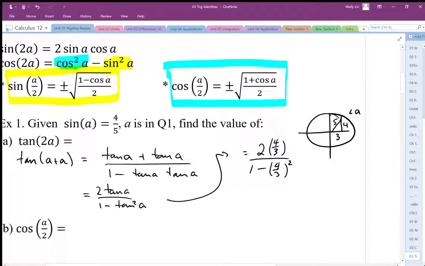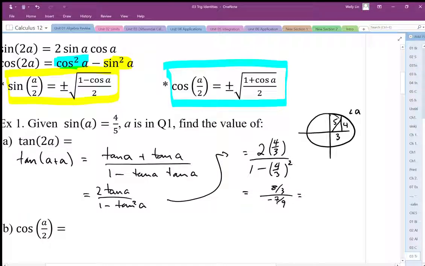Okay, so when we work out that numerical value, it's going to be 8 over 3 over 16 over 9. So 9 over 9 minus 16 over 9, I get negative 7 over 9. Okay, just double checking that work. That looks pretty good.